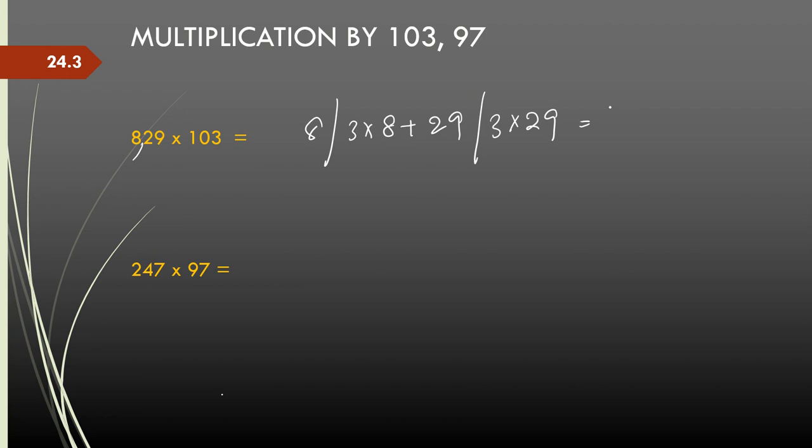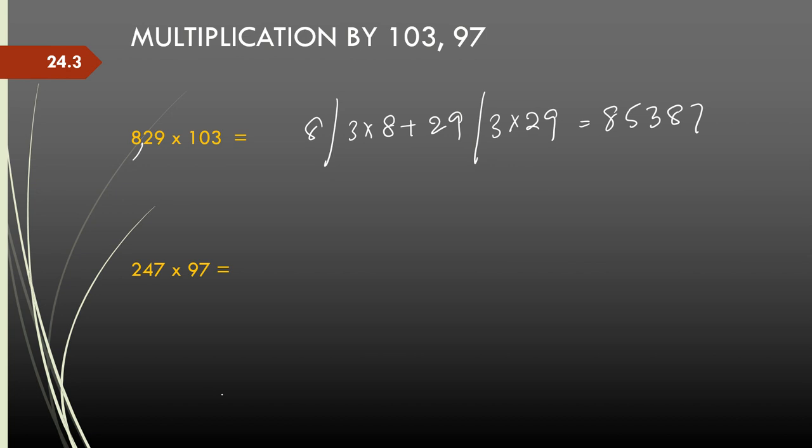This becomes 8, this is 24 and 29 is 53, and 3 times 29 is 87. So 85387 is the product of 829 and 103.